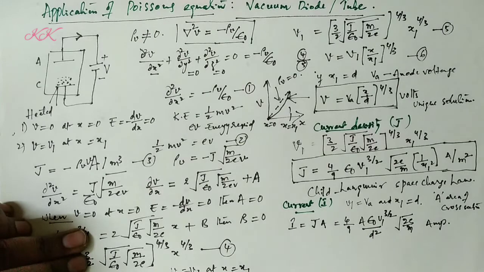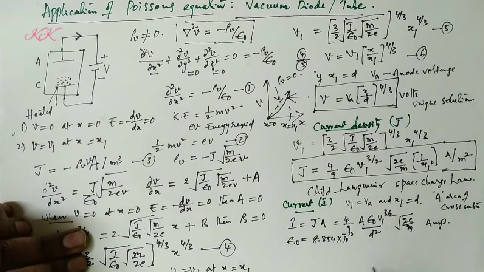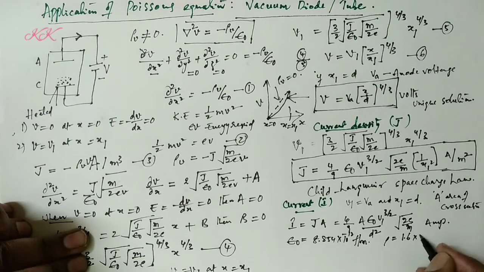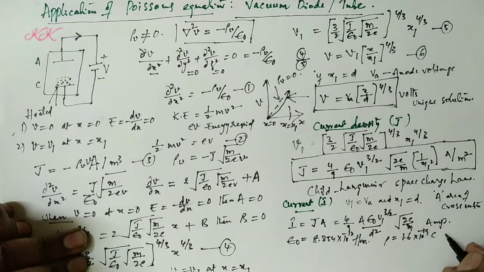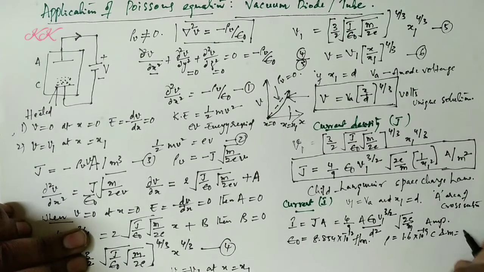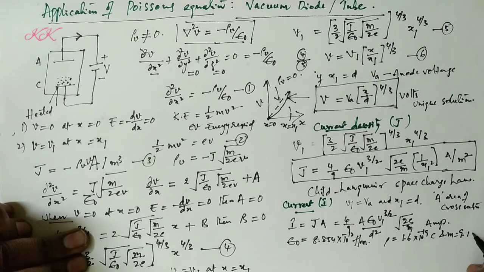And we know epsilon naught equals 8.854 into 10 to the power of minus 12 farads per meter, e equals 1.6 into 10 to the power of minus 19 coulombs, and m equals 9.1 into 10 to the power of minus 31 kg.